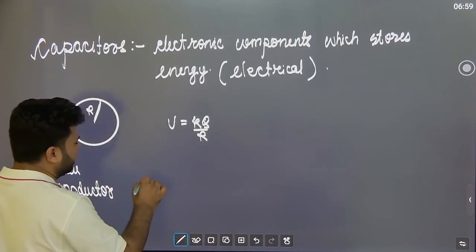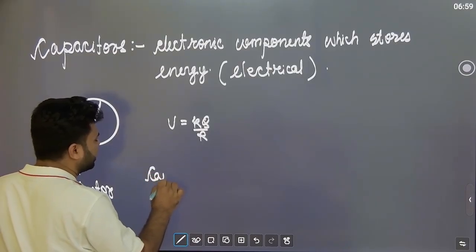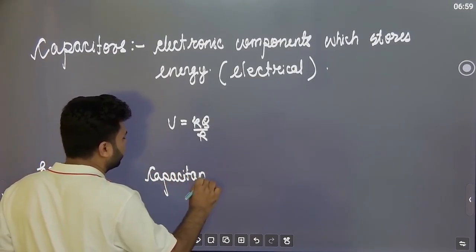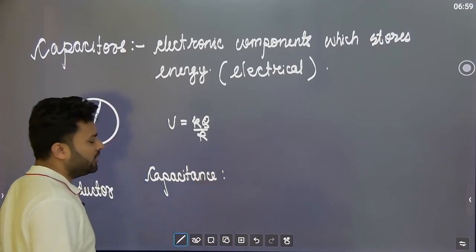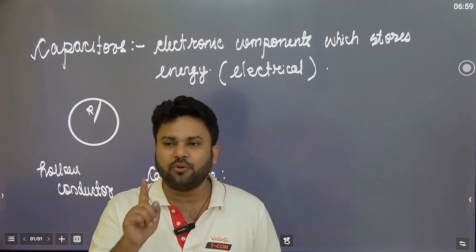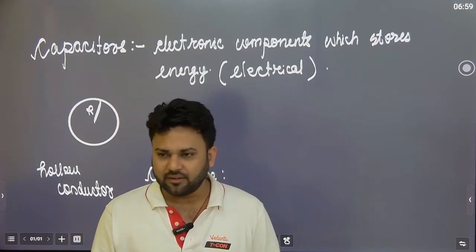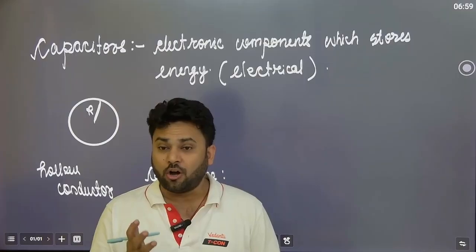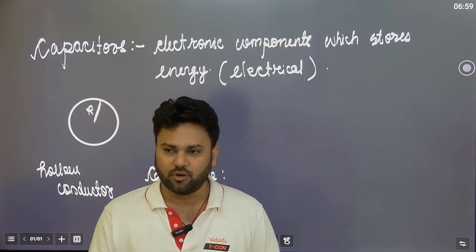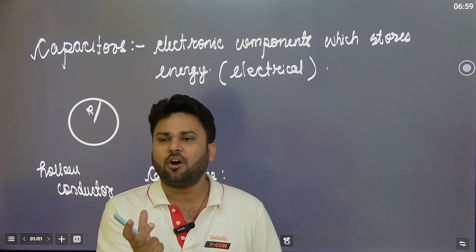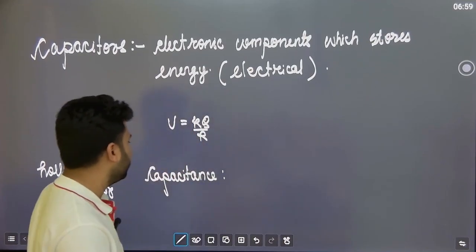So for every capacitor we define one term, capacitance. What is capacitance? Charge holding ability per unit volt. What does it mean? If you give 1 volt to the system, how much charge can it hold? Okay, if you give 1 volt to the system, how much charge can it hold.